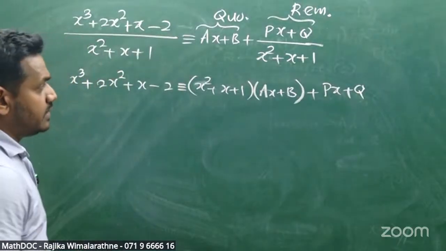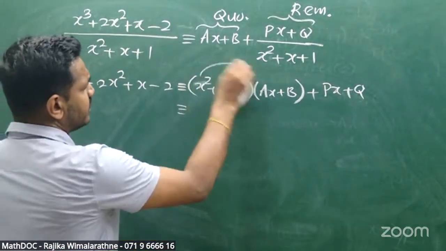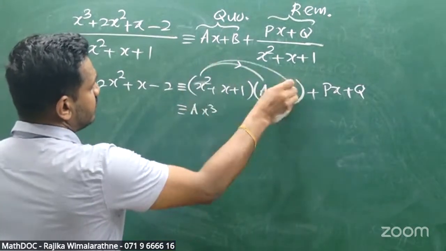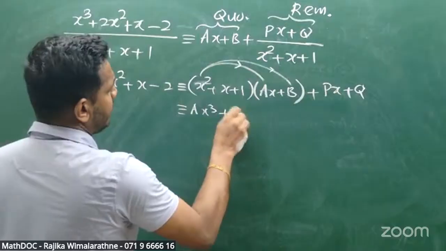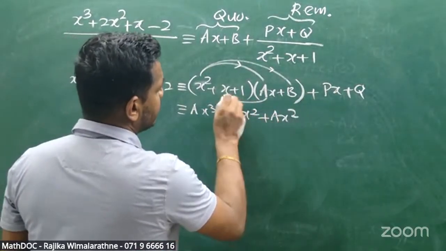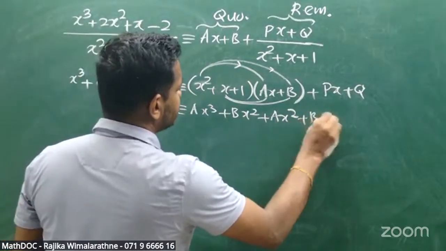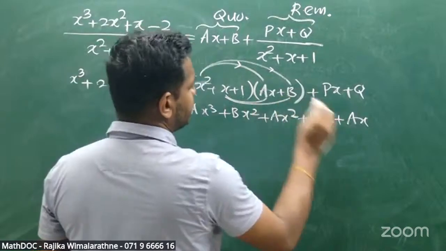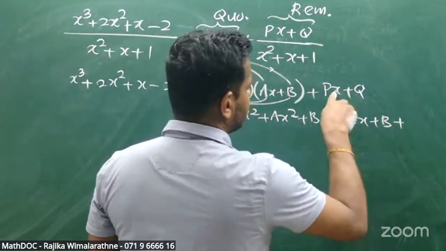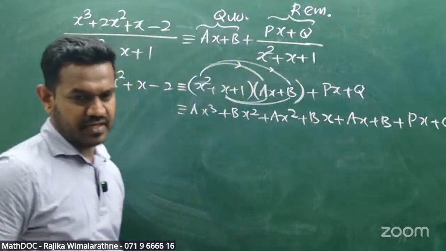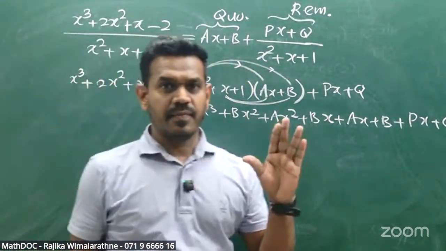Okay. Now expand. Here ax cubed, bx squared, ax squared, plus bx plus ax plus b, plus px plus q. Likewise, you expand. Just expand. Okay.